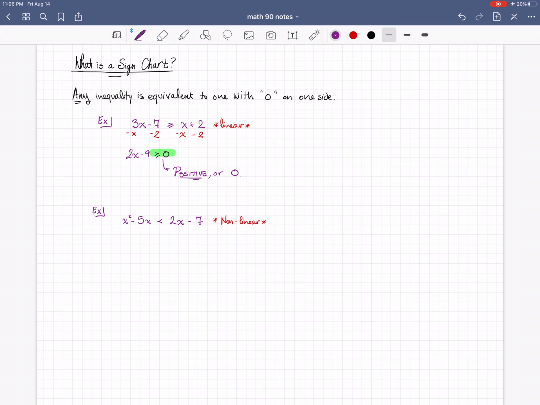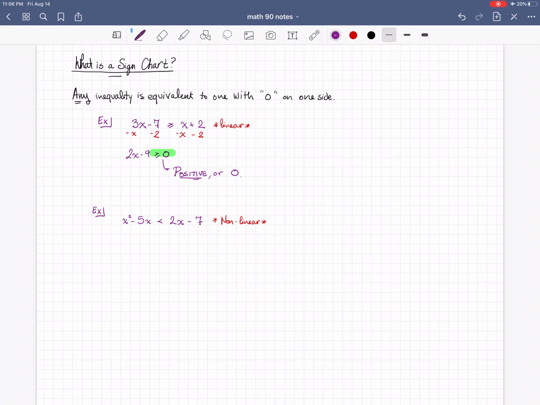With nonlinear, you cannot do that. So we are already thinking about the fact that we couldn't use the same techniques that we used in the previous example to solve this inequality, because no matter what you do, you're not going to be able to get x by itself on one side and no x's by itself on the other.